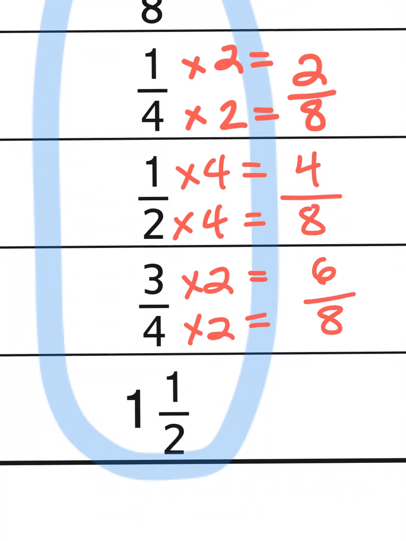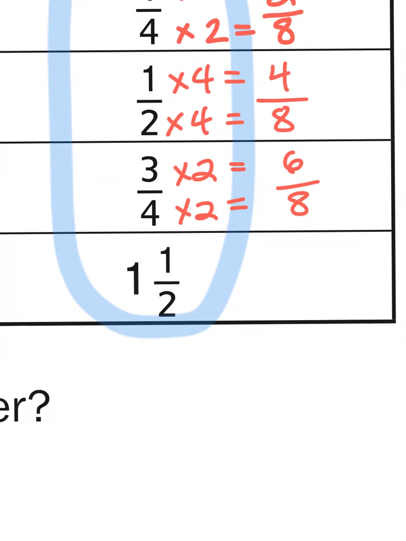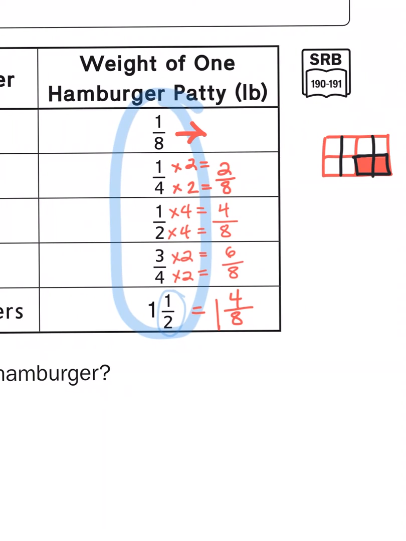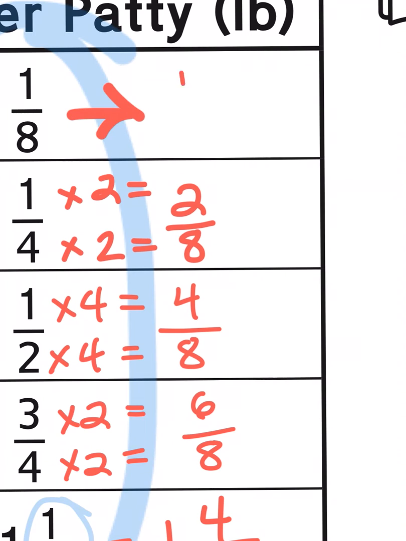So 1/2 is the equivalent of 4/8. Now the last number here is a mixed number, so I'm only going to focus on the half part of our mixed number. We just figured out that 1/2 is 4/8, so 1 and 1/2 is going to be equivalent to 1 and 4/8.